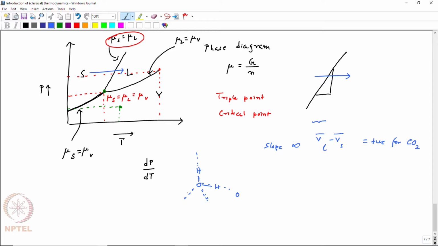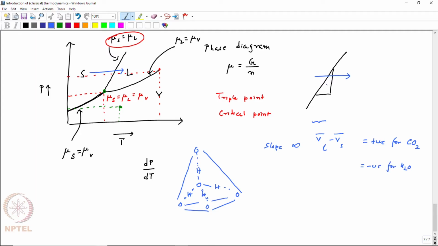That hydrogen bonding causes the ice to have a more open structure. These are the covalent bonds, and every water molecule will also have hydrogen bonds. This is the structure of ice which we accept. It's not a fully correct structure, but it has an open structure like this, and when it melts, the volume collapses. So the slope is negative for water.